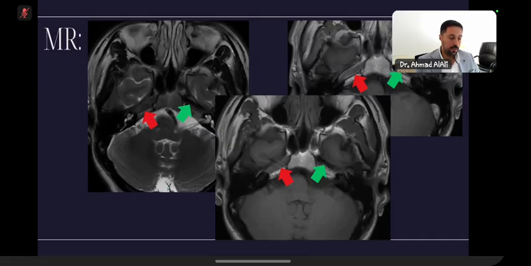So the deceiving thing in here was the enhancement that you could see in the post-contrast images. If you remember the first case we talked about, there is some leptomeningeal enhancement that can happen in patients with infarction, especially in the subacute stage.